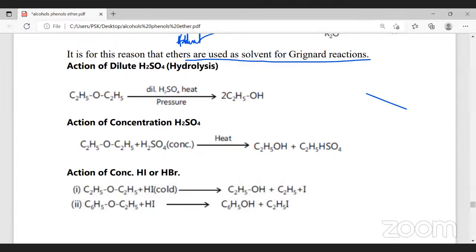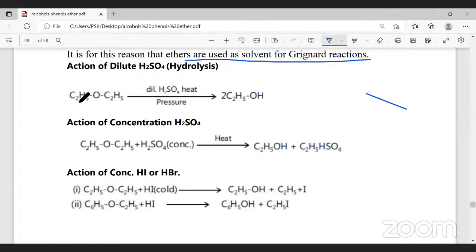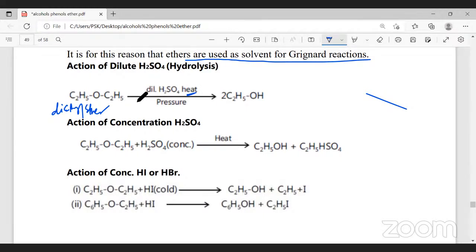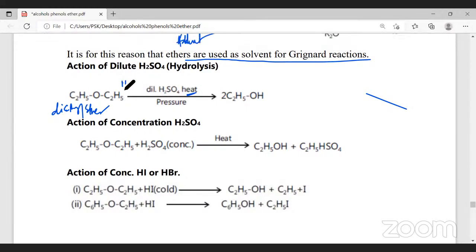When ether is heated with dilute sulfuric acid under pressure, the ether is C2H5OC2H5, that is called diethyl ether. This ether, when you heat it with dilute sulfuric acid, see, dilute sulfuric acid means water will be in large excess, H2O. So we can write H2O as H and OH.